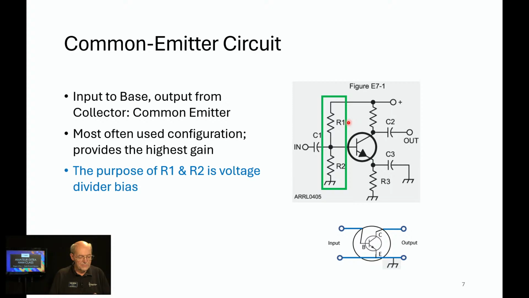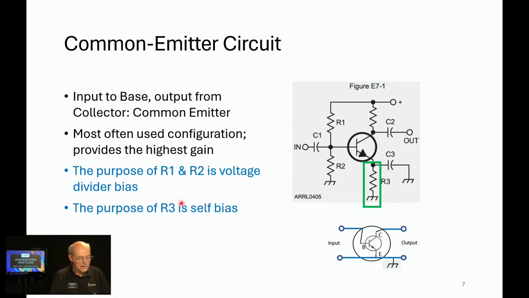So the purpose of R1 and R2 is to establish a voltage divider so that we get the proper voltage on the base of the transistor so that we can turn it on to one level or another. And there's different places where you might want to have that set. We'll talk more about that also. But R1 and R2, their purpose is to provide voltage divider bias for the circuit, DC-wise.